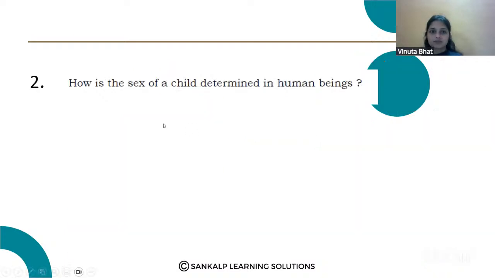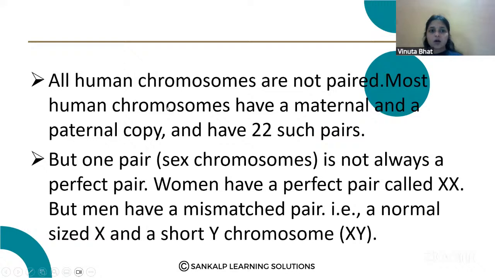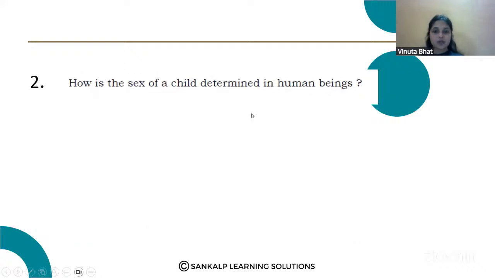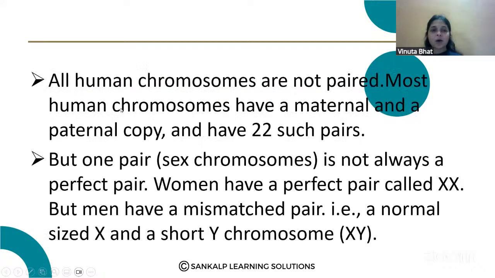Next question. How is the sex of a child determined in human beings? Please note down this question. All human chromosomes are not paired. Most of the human chromosomes are maternal and paternal copies and have 22 such pairs.